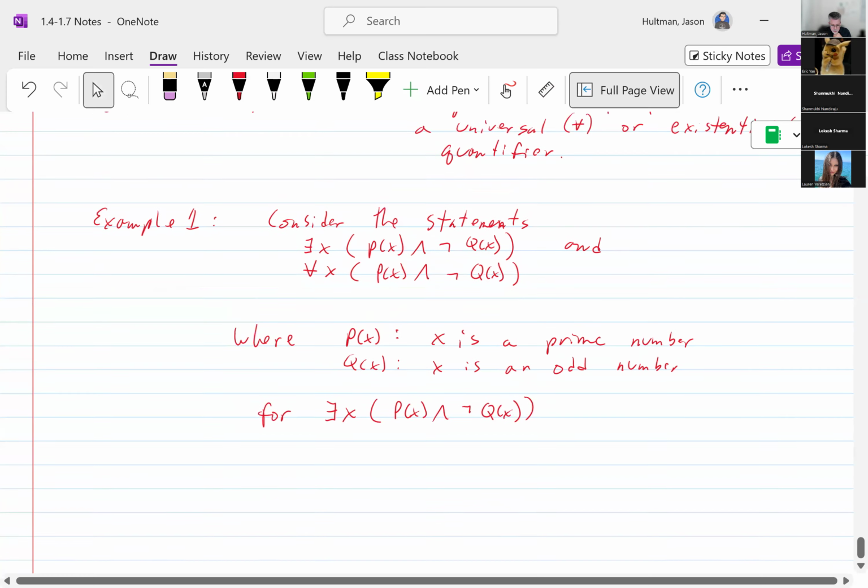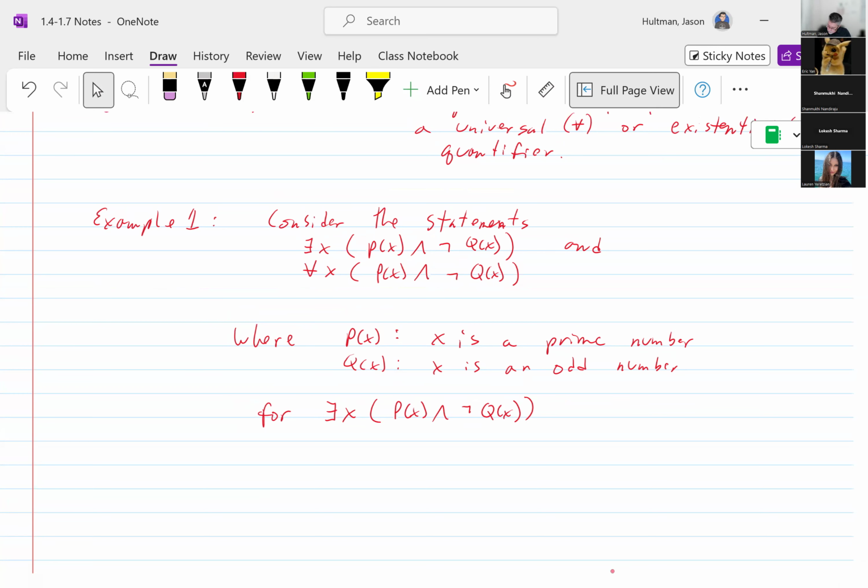So X equals 2 is prime and it's even. Okay, the example is X equals 2.